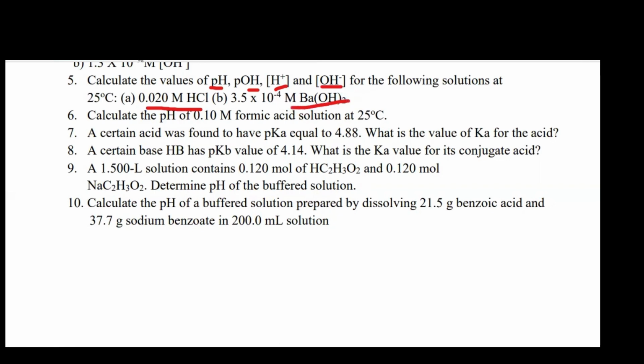So it means before you do anything, you first have to calculate the what? The concentration of either the H plus or the OH minus, right? We are going to do the same thing that we did on the previous question, but the only difference is that here we need to calculate the concentration of that H plus or the concentration of that OH minus.